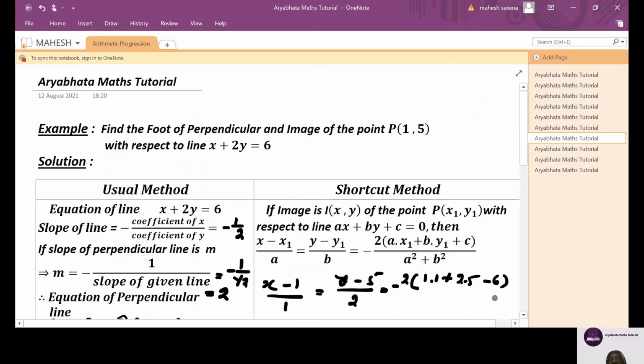Upon a square plus b square. A is 1, that is 1 square. B is 2, that is 2 square.